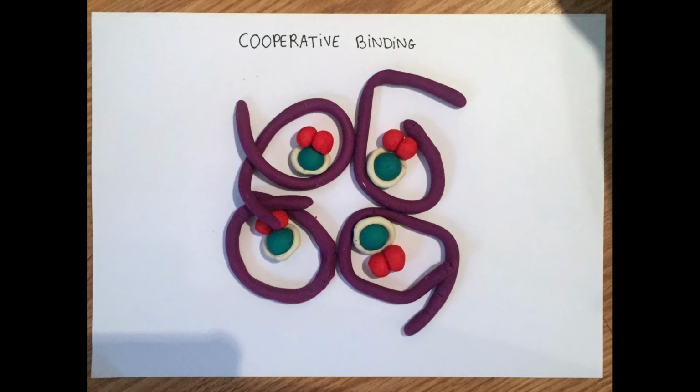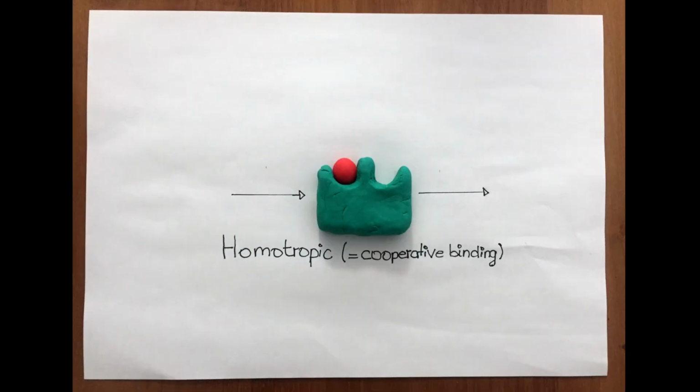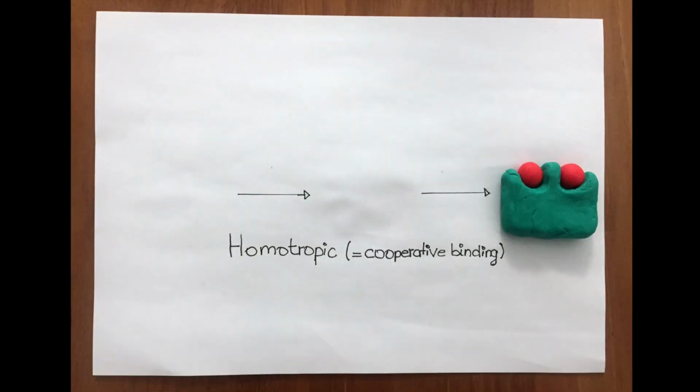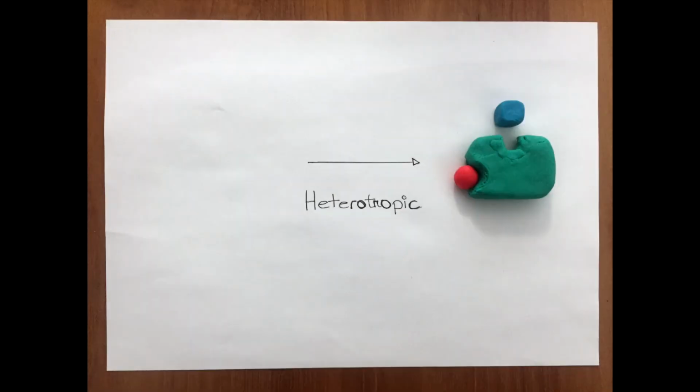Allosteric effects in hemoglobin occur when the binding properties of a molecule change as a consequence of a second ligand binding to the molecule, and this alters its affinity toward the first ligand. If the 2 ligands are the same, for example, 2 oxygens in the cooperative binding that we explained before, it is called a homotropic allosteric effect. On the contrary, if they are different, it is considered a heterotropic allosteric effect.